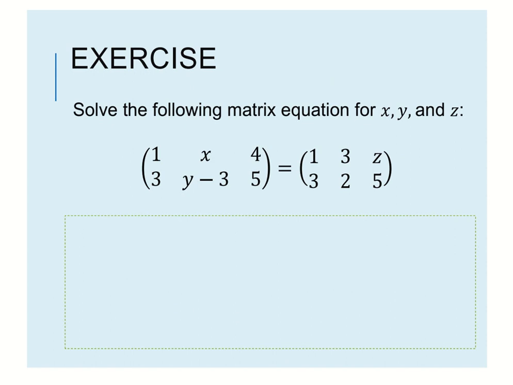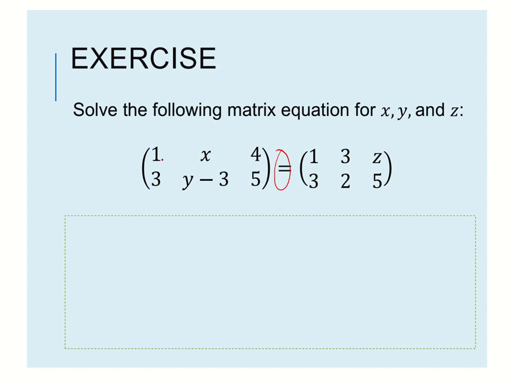Let's see this exercise here. Solve the following matrix equation for x, y, and z. First, the two matrices are said to be equal. So we must know that the two matrices have the same size, and the corresponding entries must be equal as well.